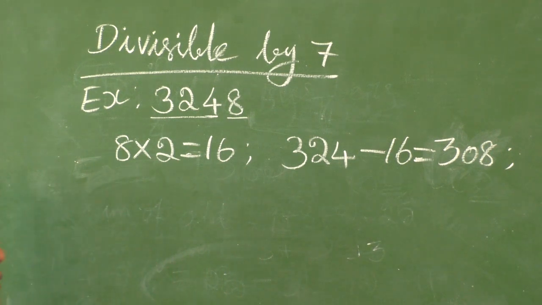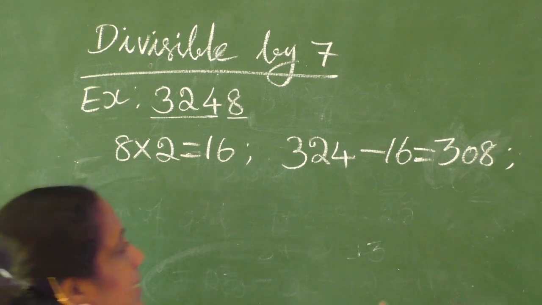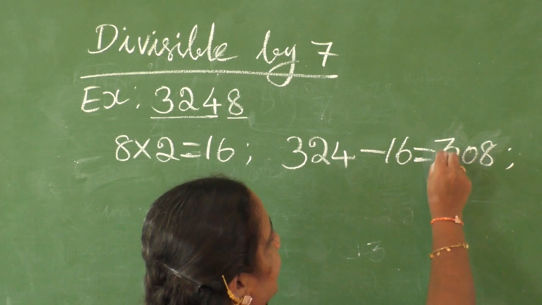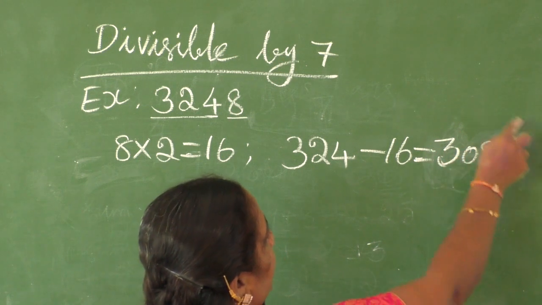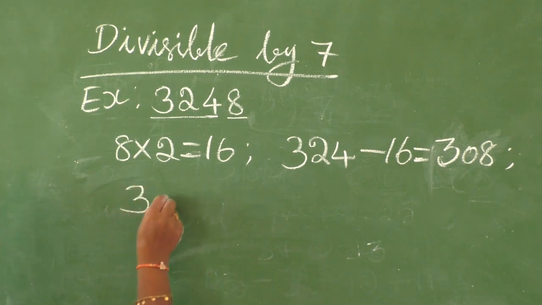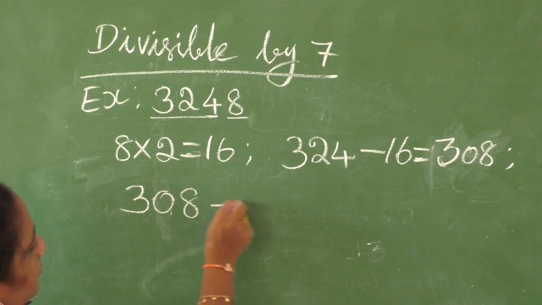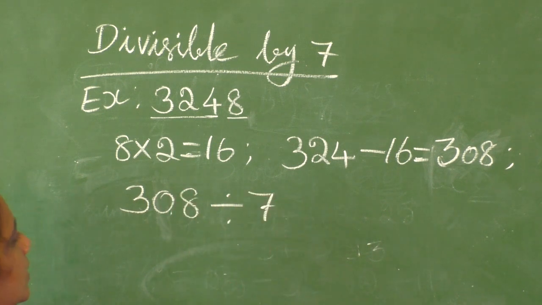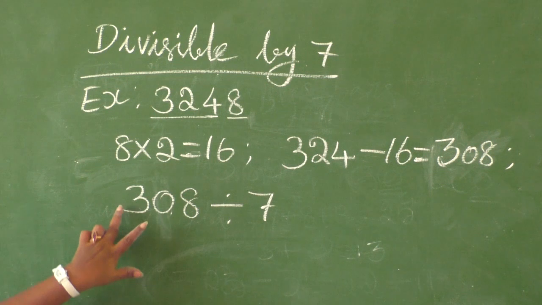Afterwards, what we have to do? The rest of the number should be divisible by 7. See, this is the rest of the number, no? We found the difference. We have to take that number, and check whether this number is divisible by 7 or not. See, now I am taking the first number.